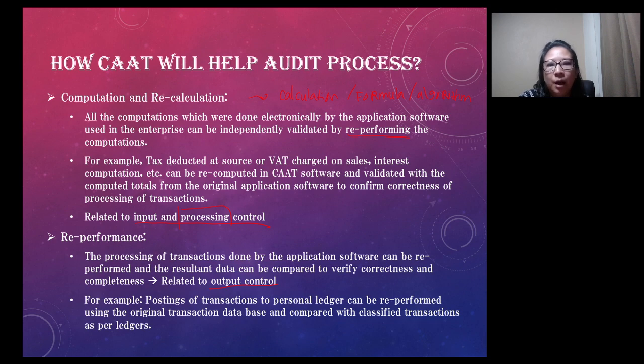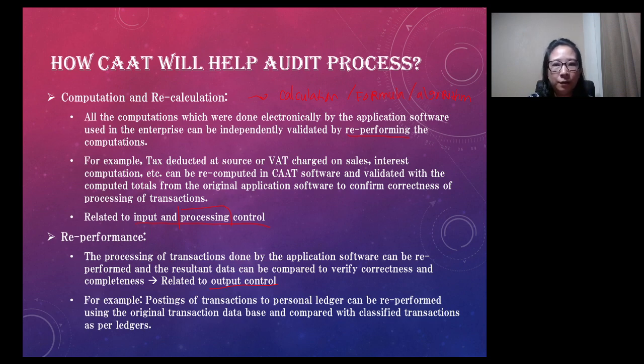Okay, so basically computation, recalculation, and reperformance are the same thing: doing the checking again, doing the validation whether the result in the system is already the same as what we defined in the business process requirement.